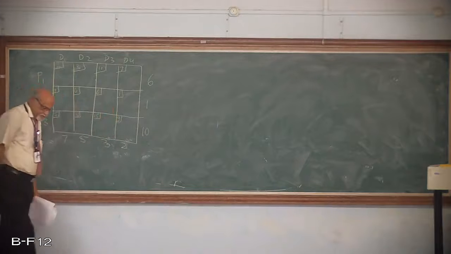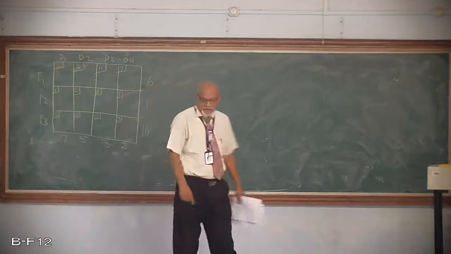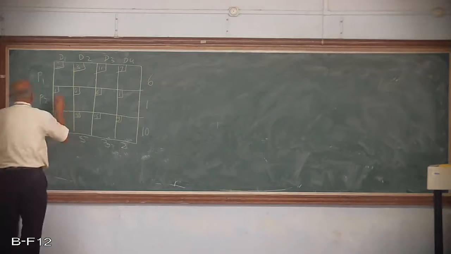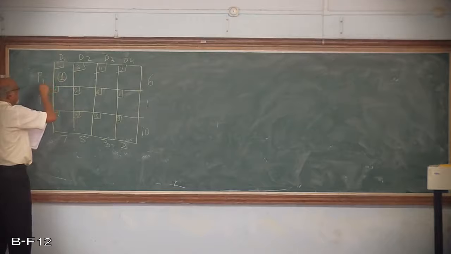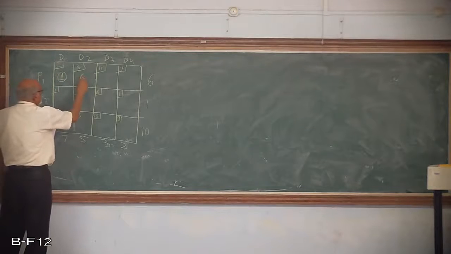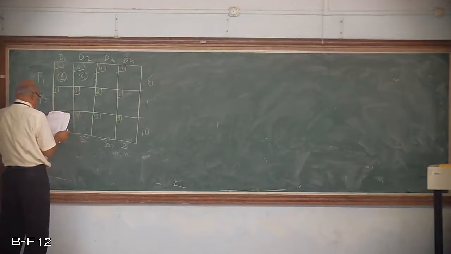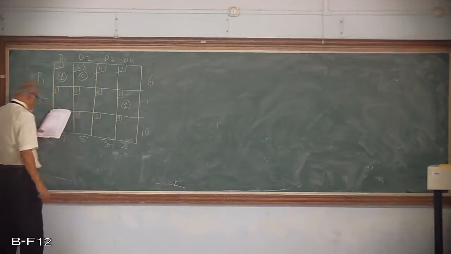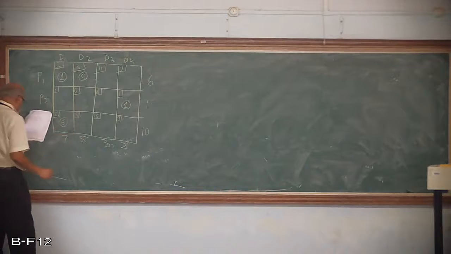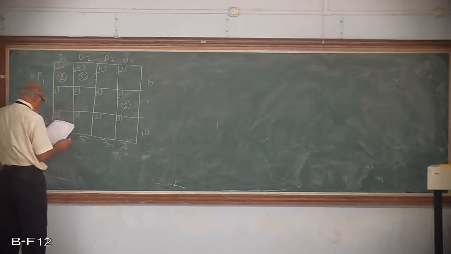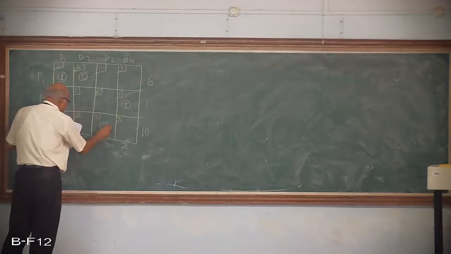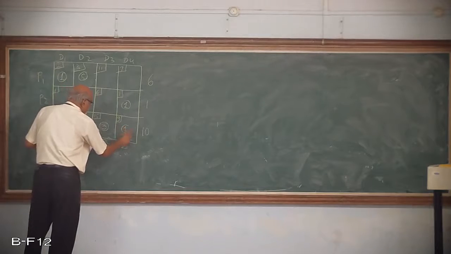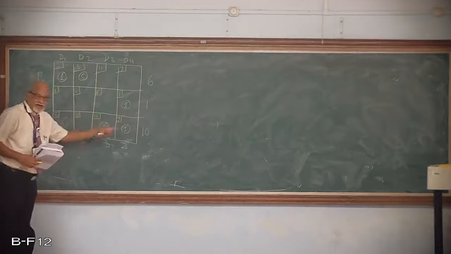Okay, after applying the Vogel's approximation method, we got the first initial feasible solution as: 1 unit is to be transported from P1 to D1, 5 units from P1 to D2, 1 unit from P2 to D4, 6 units from P3 to D1, and 3 units from P3 to D3, and 1 unit from P3 to D4, so that the rim conditions have been met.